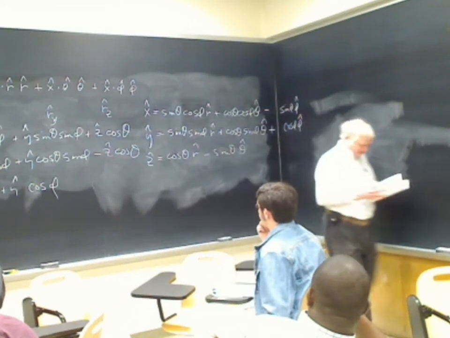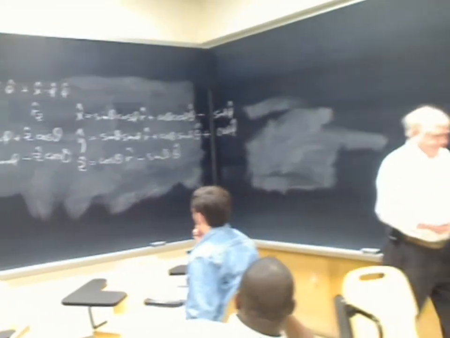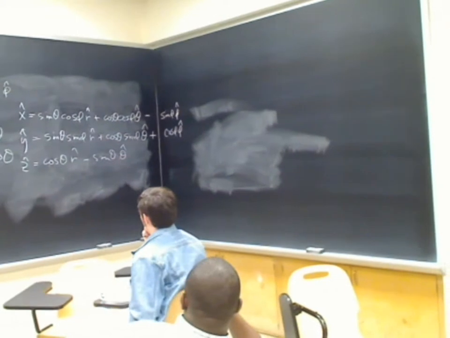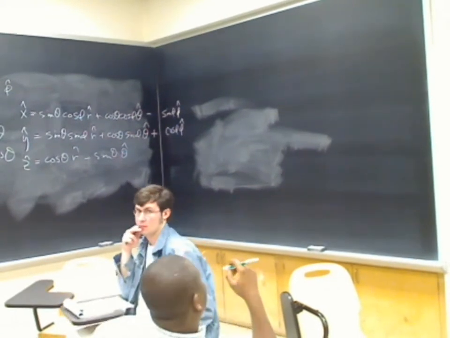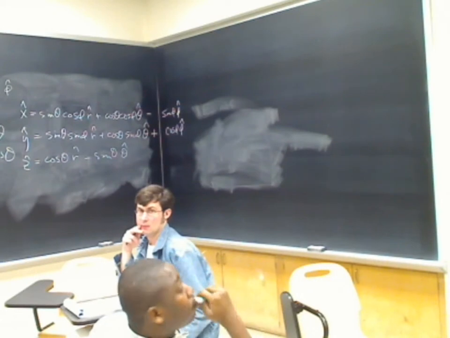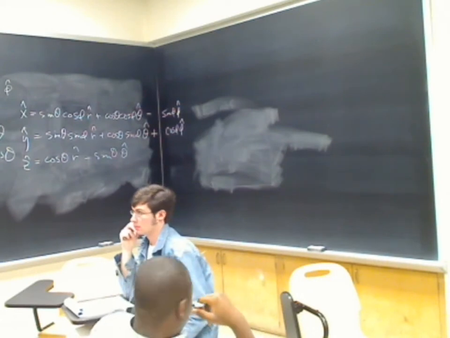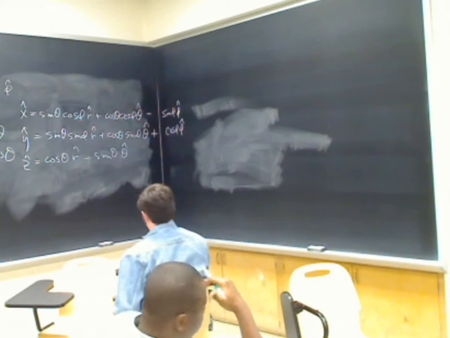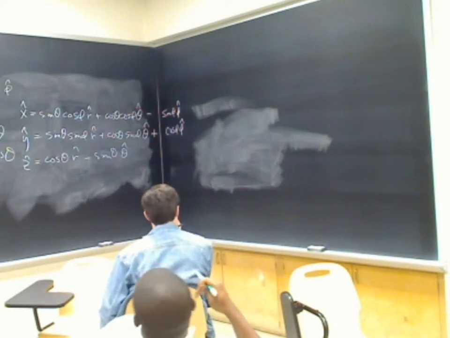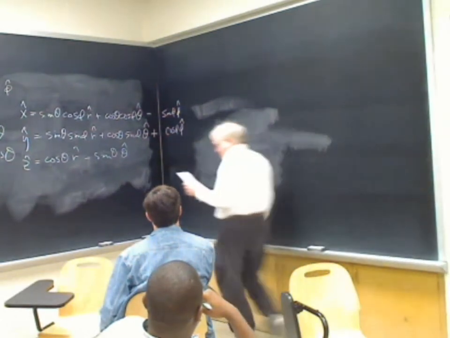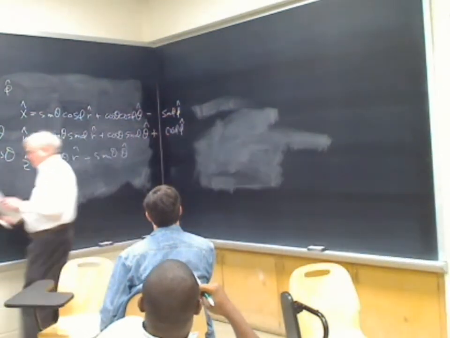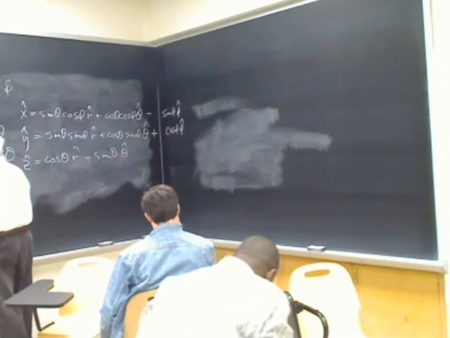Okay, so this is the basic geometry. Now let's go on and add a little bit of calculus. So the gradient, let me go over here. The gradient operator is defined in this way.